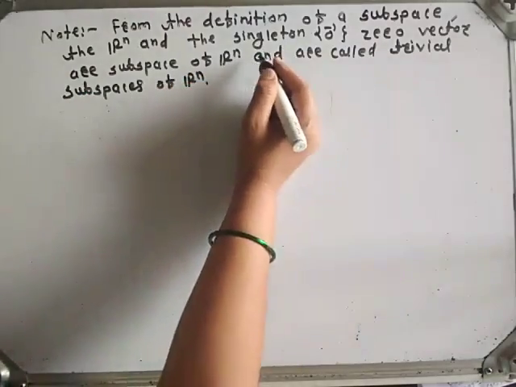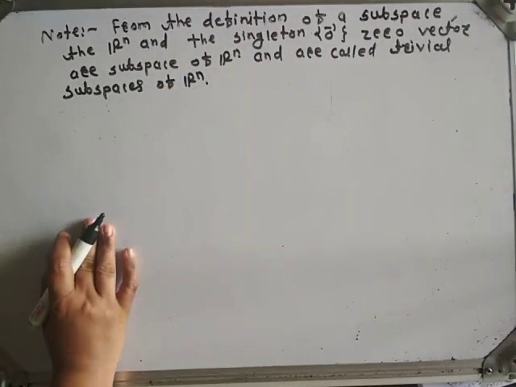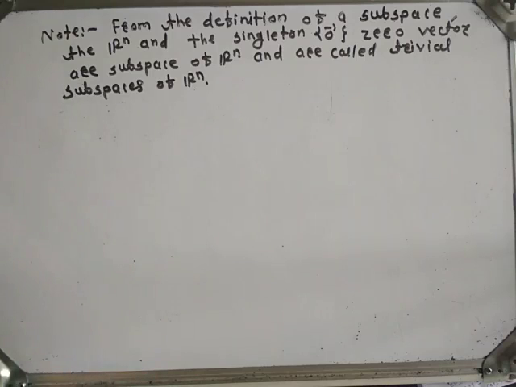Means Rn and singleton 0 are trivial subspaces of Rn.